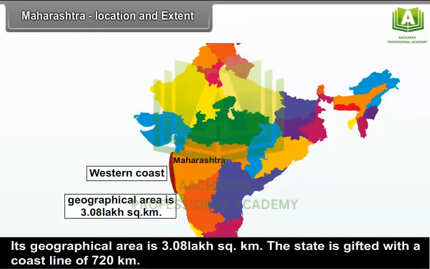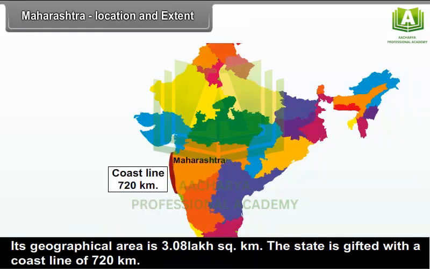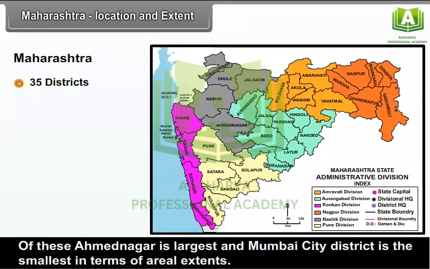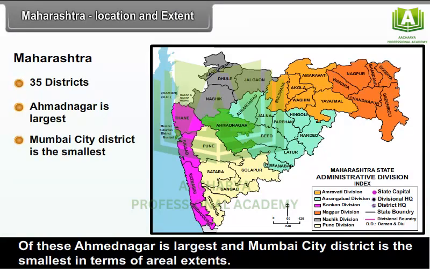The state is gifted with a coastline of 720 kilometers. There are 35 districts of varying areal extent in the state of Maharashtra. Of these, Ahmednagar is the largest and Mumbai City district is the smallest in terms of areal extent.